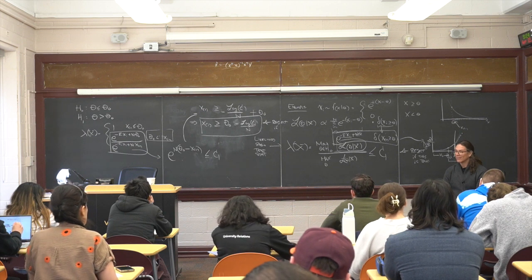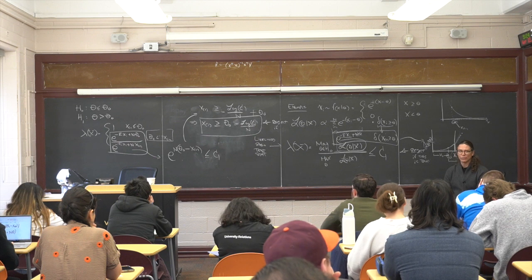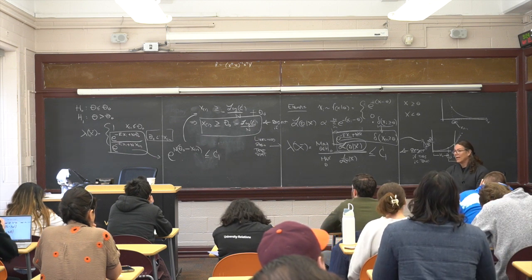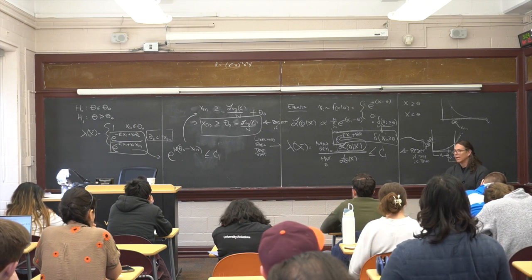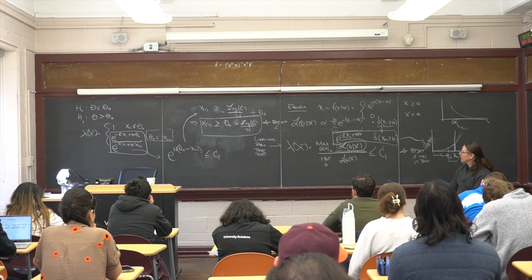Or sorry, I'm going to reject every single time. I'm always going to reject. So if the null is true, I have a huge error that I'm going to incur. But my other type of error is 0. So that's the trade-off that we might expect.